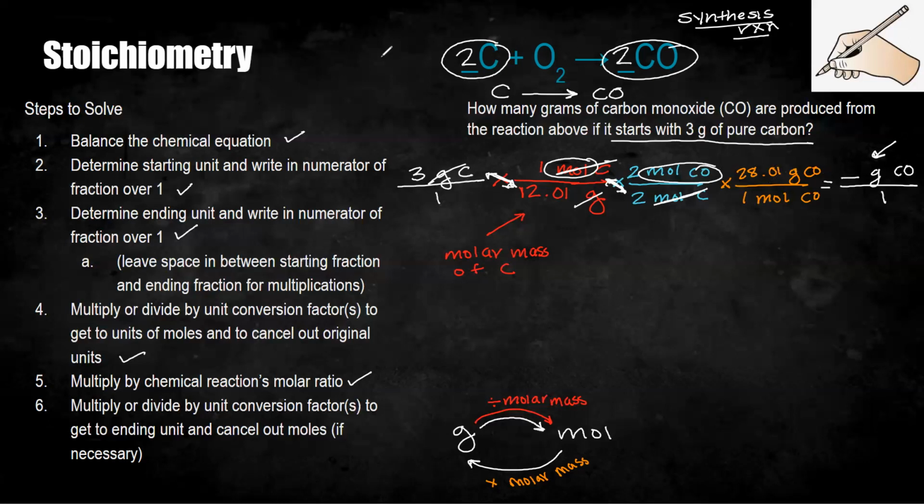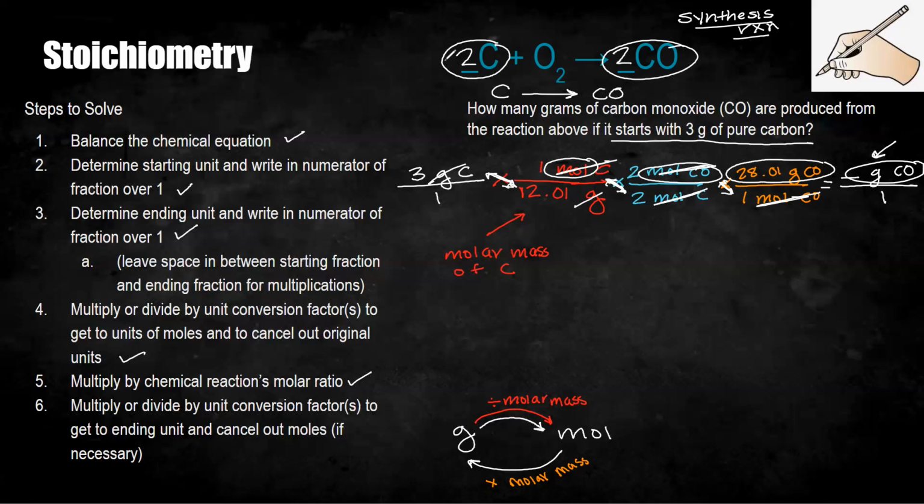So now I can cancel out my units of moles of carbon monoxide. Again, looking across that diagonal here. And I have successfully made it into my units of grams of carbon monoxide.